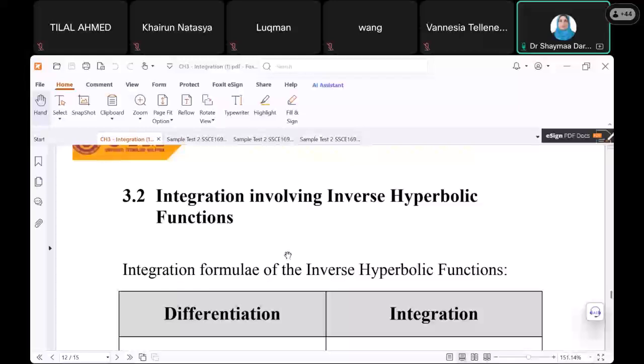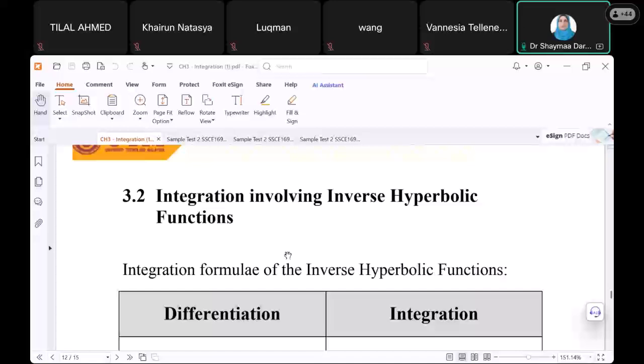Today we are still in chapter 3. In our previous class, we learned how to integrate hyperbolic functions, how to integrate expressions involving inverse trigonometric functions using their formulas, and how to complete the square.